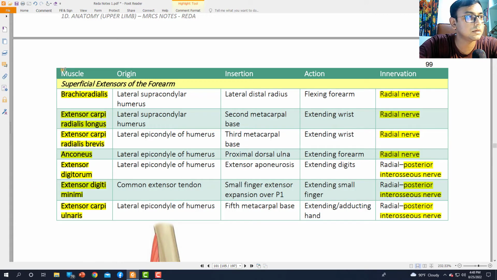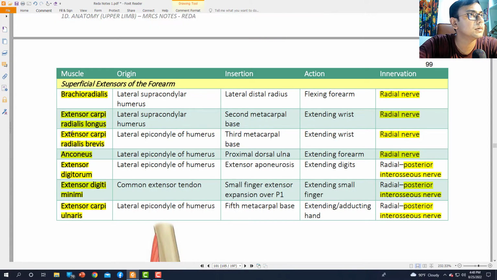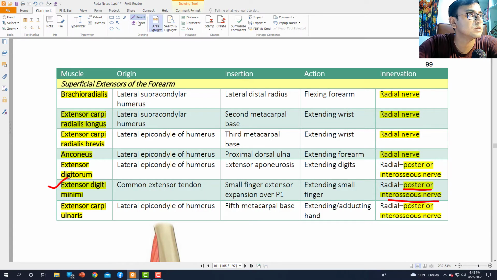This is very important. I already saw a question in the MRCS. Extensor digiti minimi is an important thing, which is supplied by the posterior interosseous nerve. Okay, I hope you understand my points.